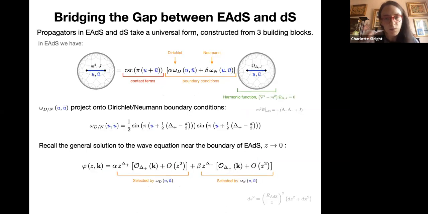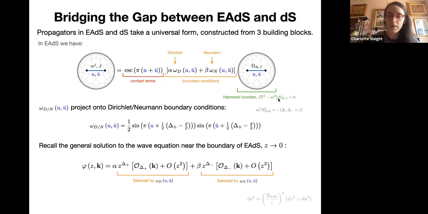And the key observation is that propagators in this framework take a universal form, and they are constructed out of 3 basic building blocks. If we focus first on the bulk propagators in Euclidean AdS, the first building block is the corresponding harmonic function. It's a solution to the corresponding source-free equation of motion.